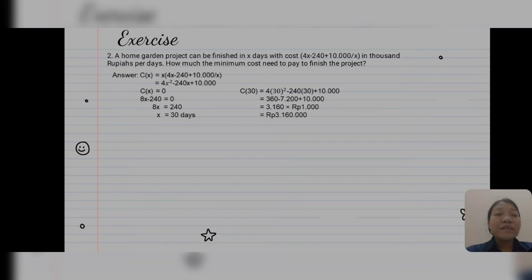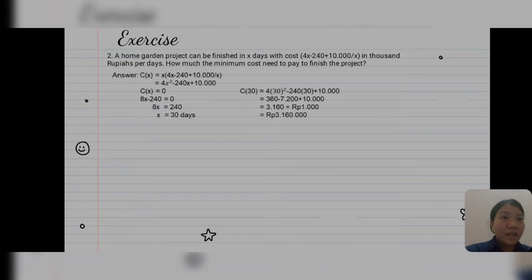And then this 30, we need to substitute it to our first formula. That is 4 open parenthesis 30 close parenthesis to the power of 2 minus 240 times with 30 plus 10,000. And then we'll multiply. So we got 3,600 minus 7,200 plus 10,000.